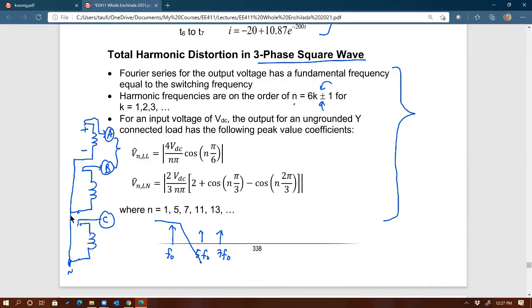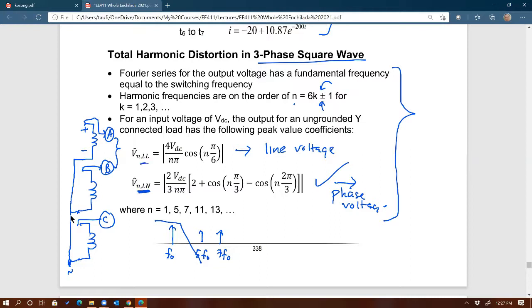Okay, so for phase voltages, there's the equation to describe the harmonic content, including the fundamental component. That's for phase voltages. I use LN, line to neutral, and this one is for line to line, line voltage.